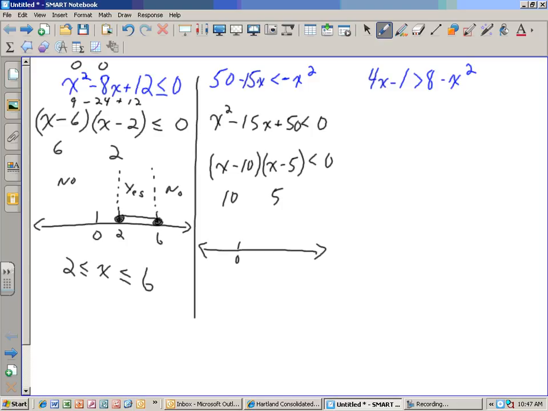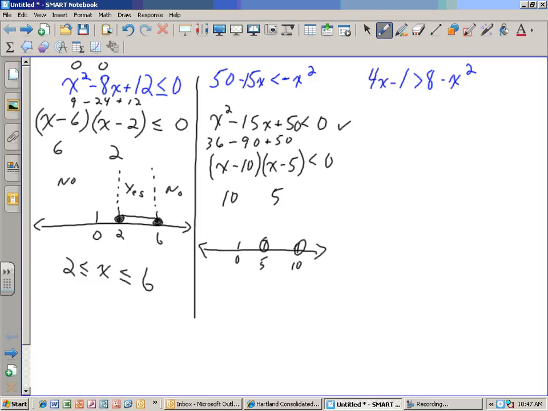Here's 0. Here's 5. Here's 10. Open circle or closed? Open. And pick a point. We can go back to this equation here, and let's plug in 6. I have 36 minus 15 times 6 plus 50.